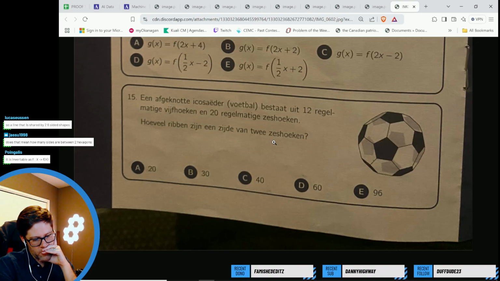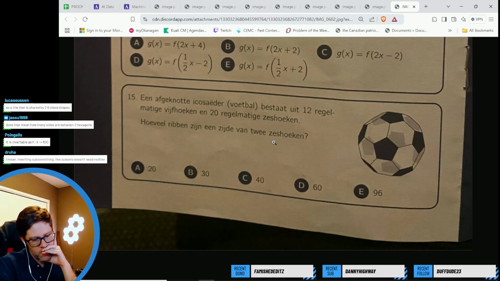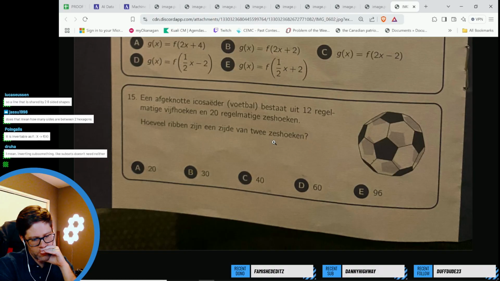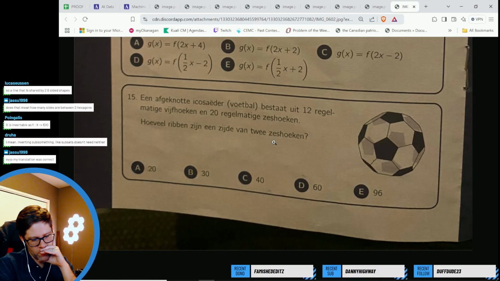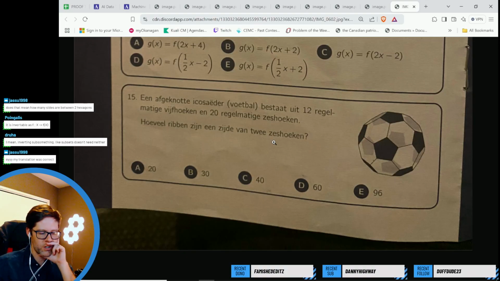No, I should do it like this. 1, 2, 3, 4, 5, 6, 7, 8, 9, 10. So it should be 20 plus whatever it is along that connector piece. So it's going to be like 1, 2, 3, 4, 5, 6, 7, 8, 9, 10. So it's going to be like 30, I'm pretty sure. I'm pretty sure it's B.